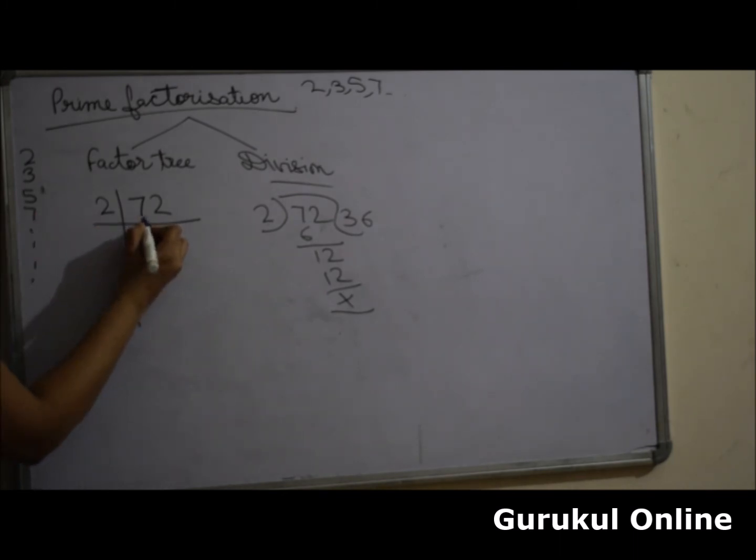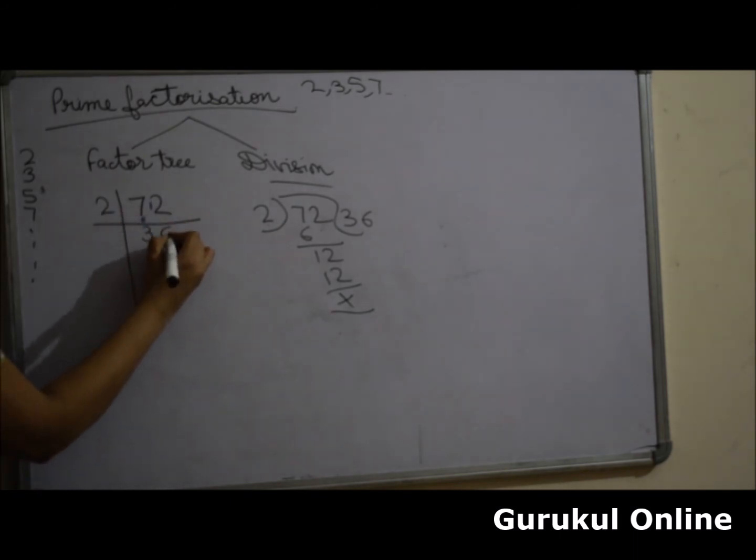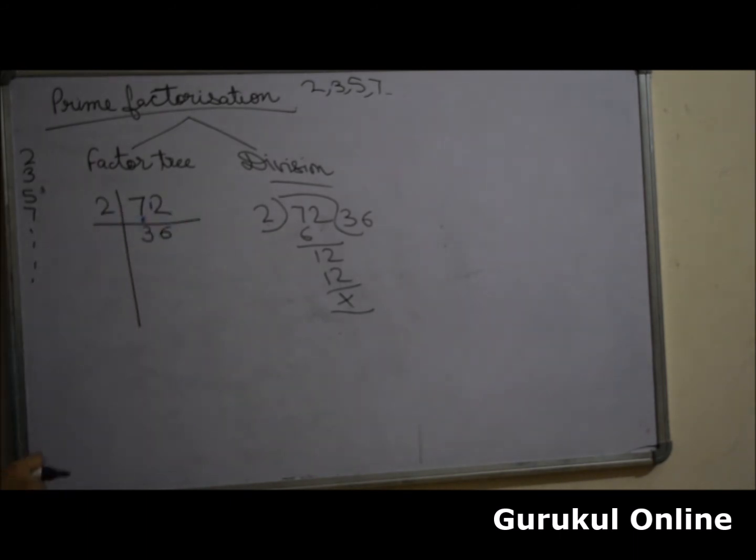You just have to imagine that 2 threes are 6. Now 7 minus 6 will give 1. 1 and 2 will make 12. Now 2 sixes are 12. So this is another way of dividing. You don't have to write this 6 and 1, just do it in your mind.